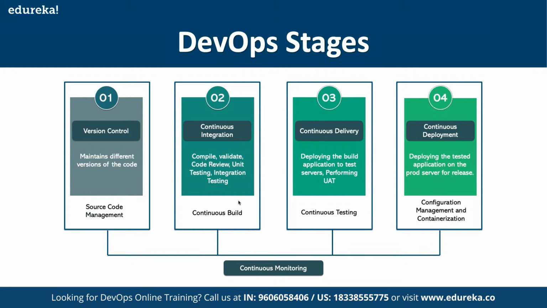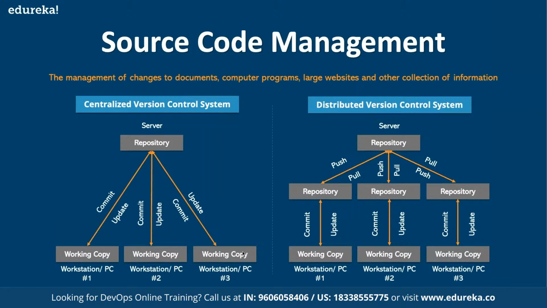And then we have discussed services like continuous delivery, and using the continuous delivery part, we can go ahead and deploy to servers on any of the platforms. And then we have continuous deployment, where we can make use of tools like Docker, Vagrant, and so on.